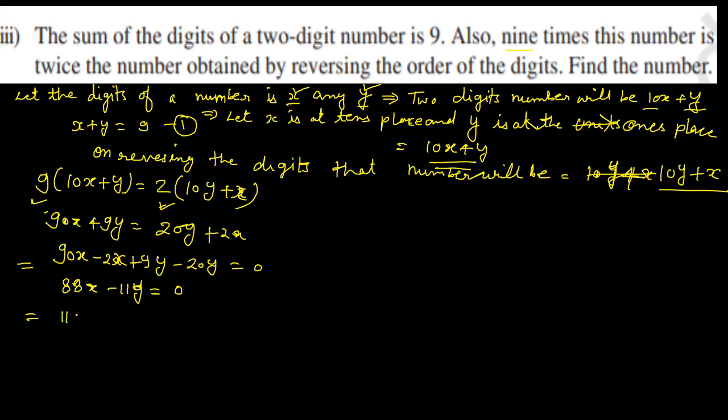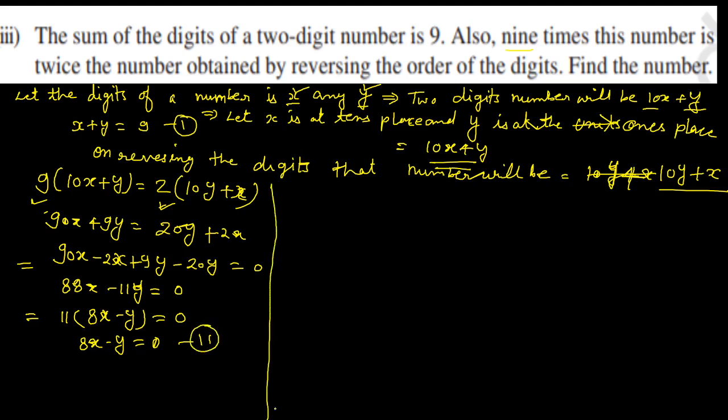When you take 11 common, 8x minus y is equal to 0. This is your second equation.